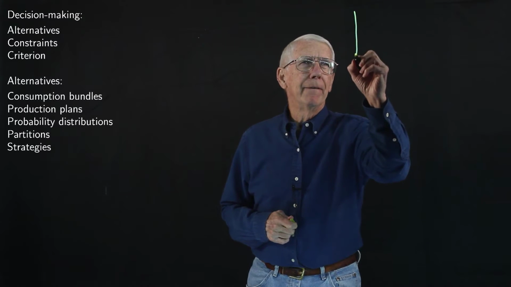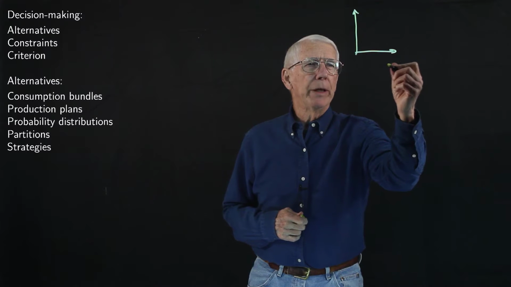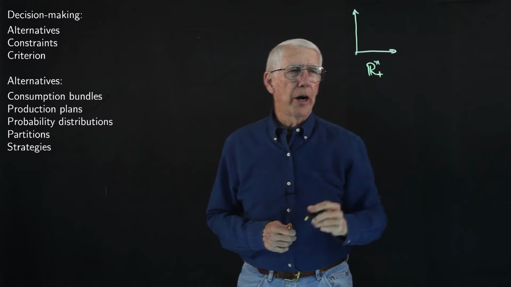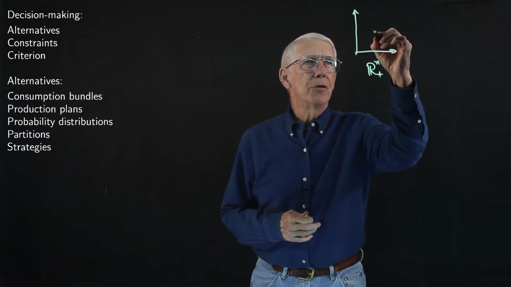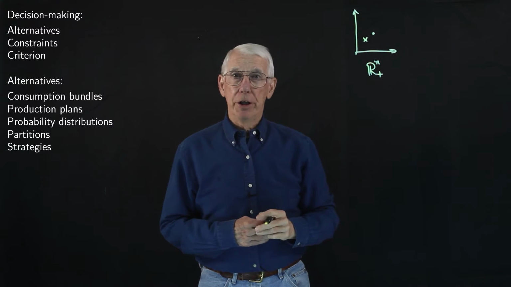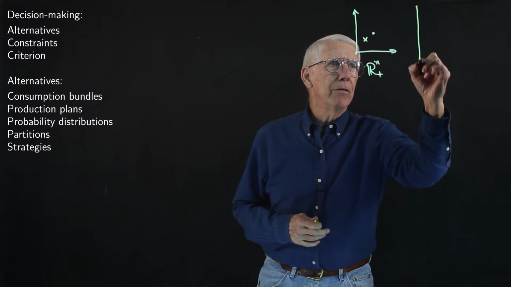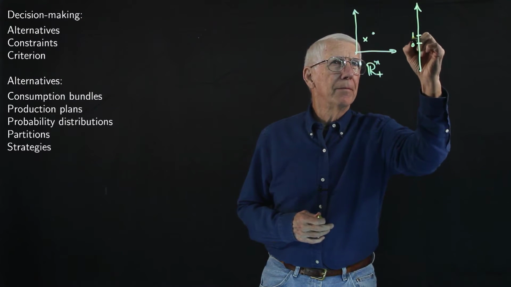So this is the familiar picture where here we have Rn plus, clearly in the picture, n is 2. This would be, let's say, a typical alternative, a typical consumption bundle. And then here we have the real line.